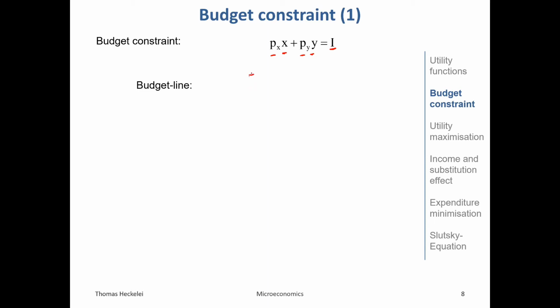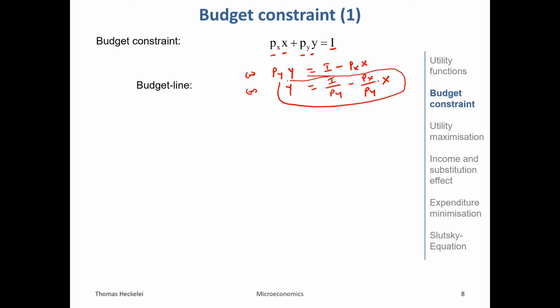So that means, let's write it, py times y equal to I minus px times x. And then we divide both sides by py to have a function of y. Pretty simple. I over py minus px over py times x. And this is the budget line equation.